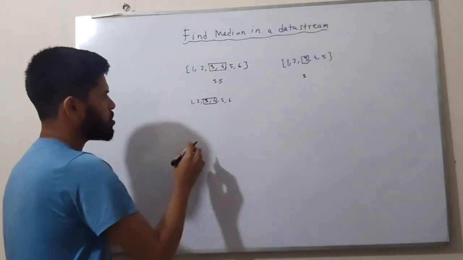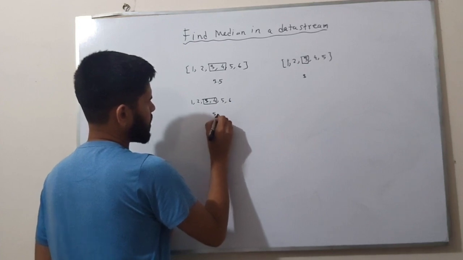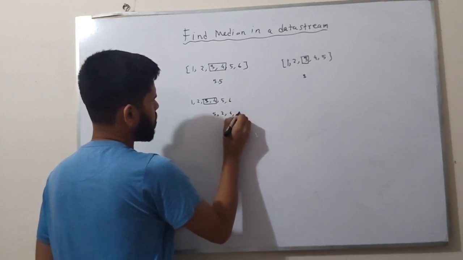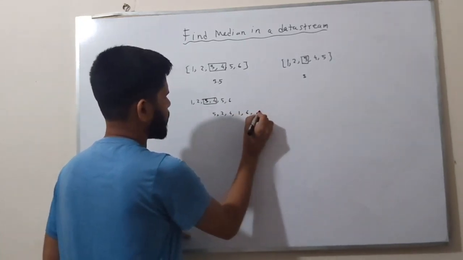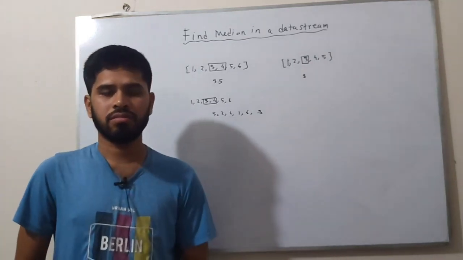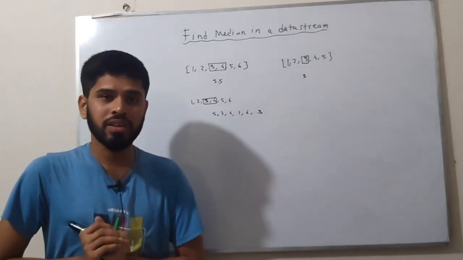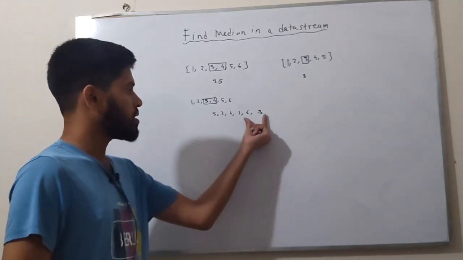But my question is, if we have this flow, first 5, 2, 4, 1, 6, then 3, how do you find the median? Can you tell me how you can find the median of this stream?